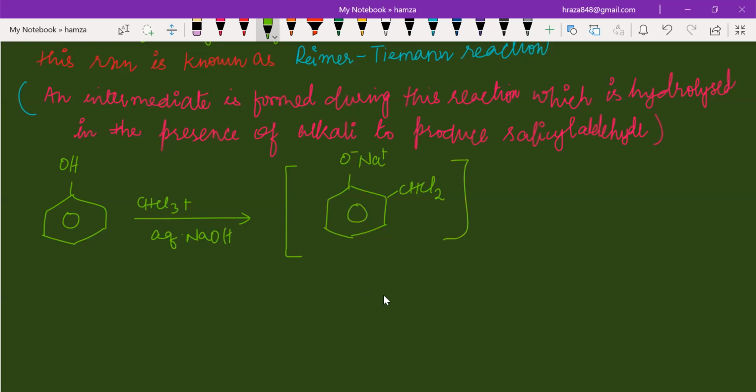And this intermediate is then treated with NaOH.